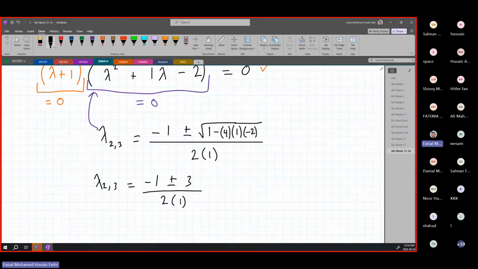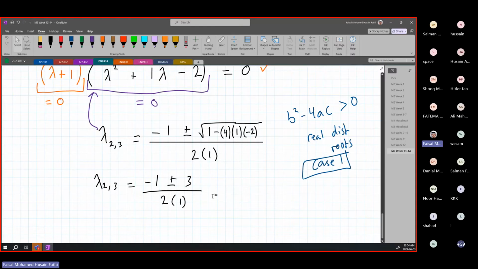It was a positive number. So we're getting two distinct real roots. So in other words, we can say that b squared, we usually do it in blue. So b squared minus 4ac is greater than 0. So we are getting real distinct roots. Case 1.